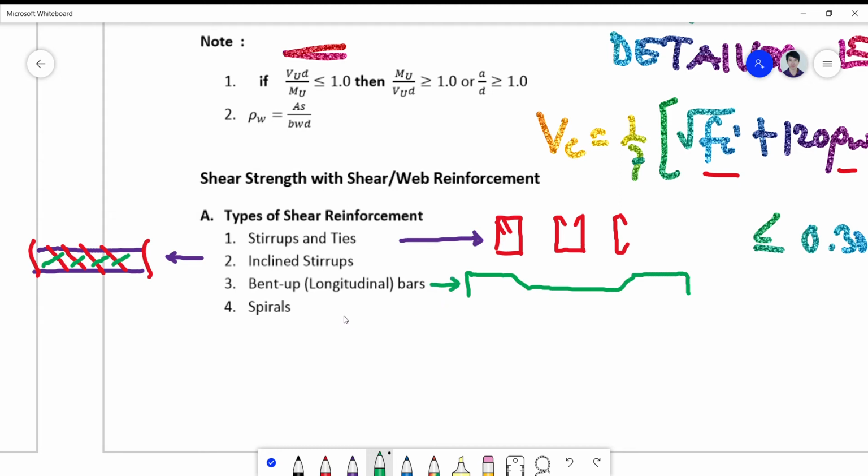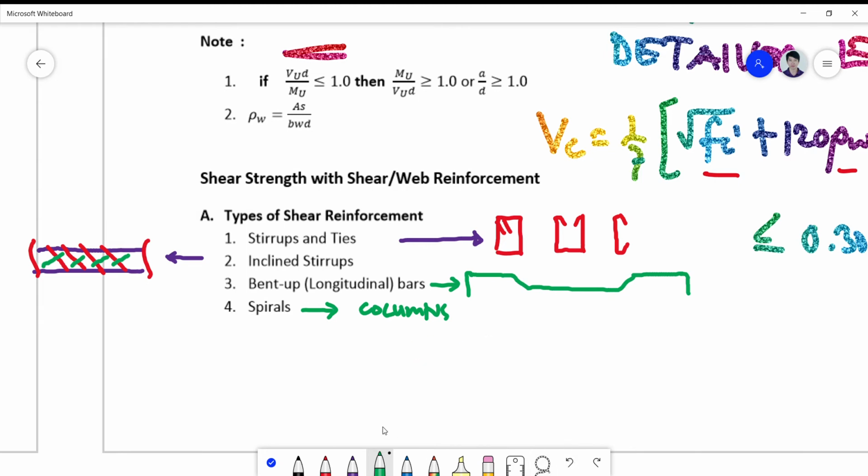And for the spirals, these are normally used on columns, but we can also use them in beams. They are made up of spirally reinforced bars.